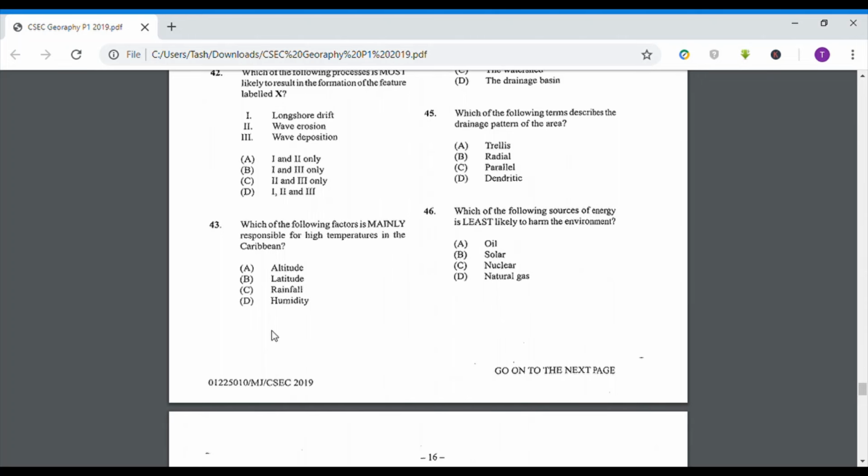That is what really is responsible for our high temperatures. Altitude is just referring to the height of the land. Not all of the Caribbean is on the same height, but yet we all have relatively the same temperature. So we would refer that to latitude. For number 43, the answer would have been letter B.